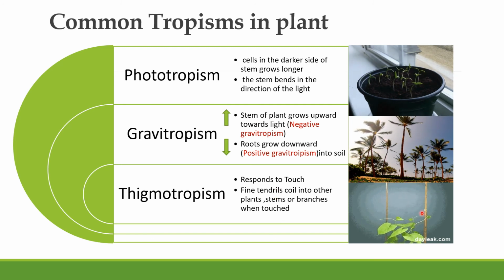The thread-like structure that grows in the creepers, right? So what they do, they try to hold on to something when there is a stimuli. When some stimuli triggers, it holds on to either another plant, stem, or branches when it is touched. Okay.